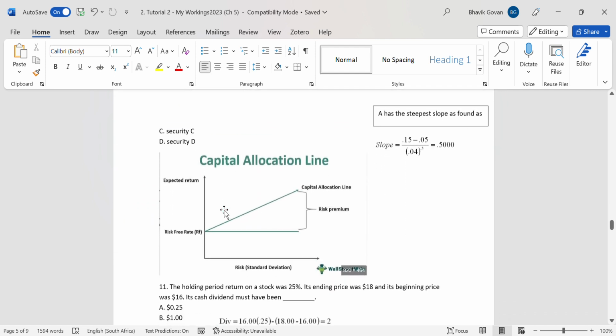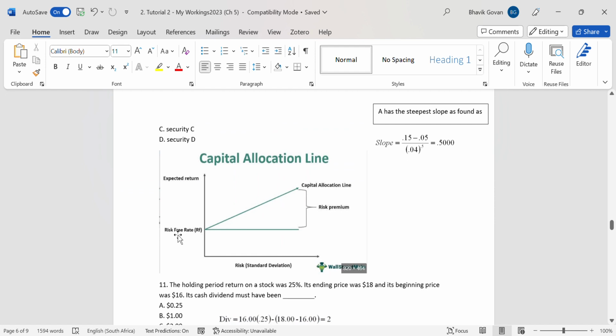So remember your capital allocation line. Basically, the best security to choose would be the one that maximizes your return per unit of risk. So you're going to look for the one with the steepest line or the highest slope in this case.